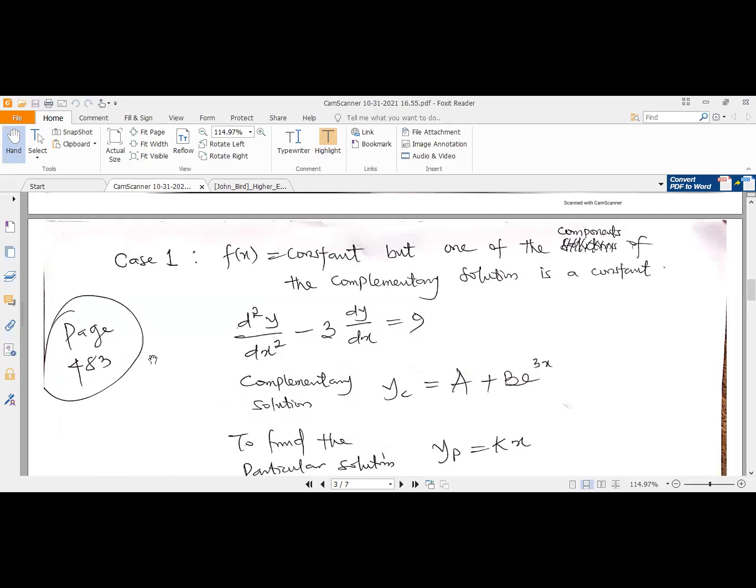When we are through with this lecture, you can take a look at page 483 of the textbook I've shared with you. So in this case, we have a constant, but one of the components of the complementary solution is a constant. So we cannot assume the particular solution to be constant again, but it's going to be constant multiplied by x.